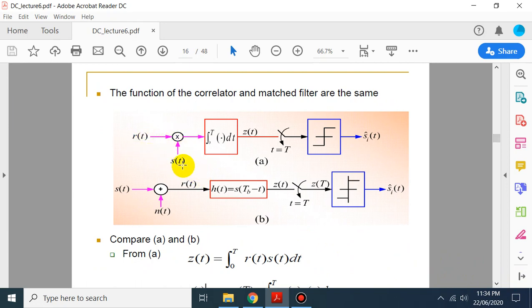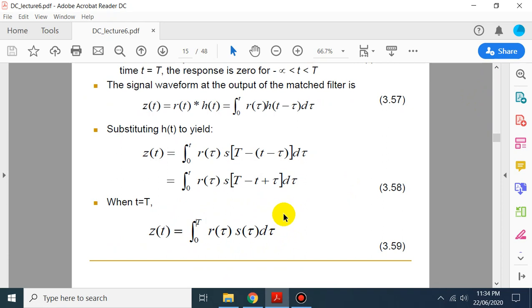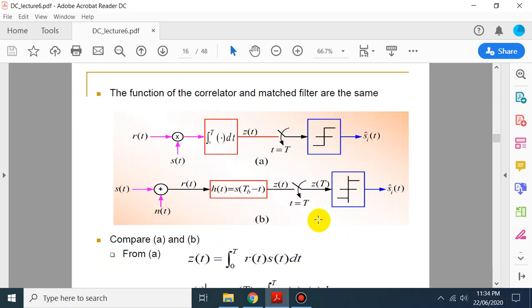We have r of t and s of t passing through the integral from 0 to T, dt, which gives z of T, because z of T comes from the integration from 0 to T of r of tau multiplied with s of tau. Then we have another signal here, that will be s of t.